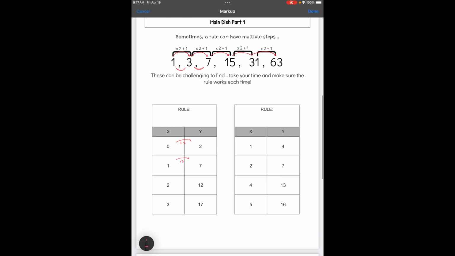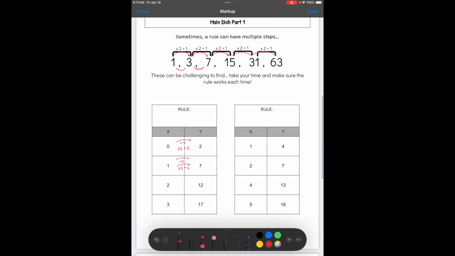So let's do 0 times 2. And then, in order to get from 0 to 2, I would then have to add 2. So let's try that again here. 1 times 2 would be 2, plus 2 would be 4. So again, this one isn't working either.